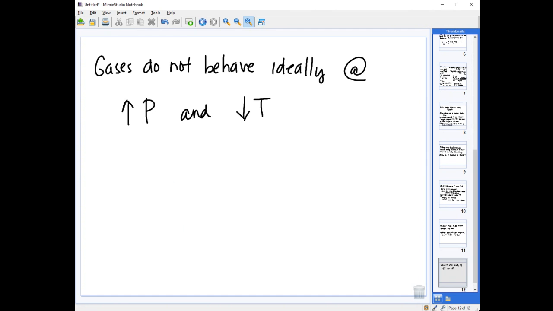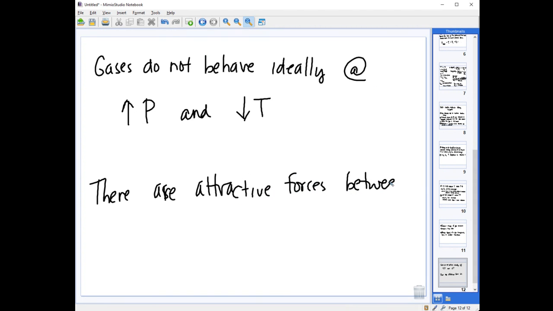And there are also going to be attractive forces. So in reality, there are attractive forces between gas molecules.